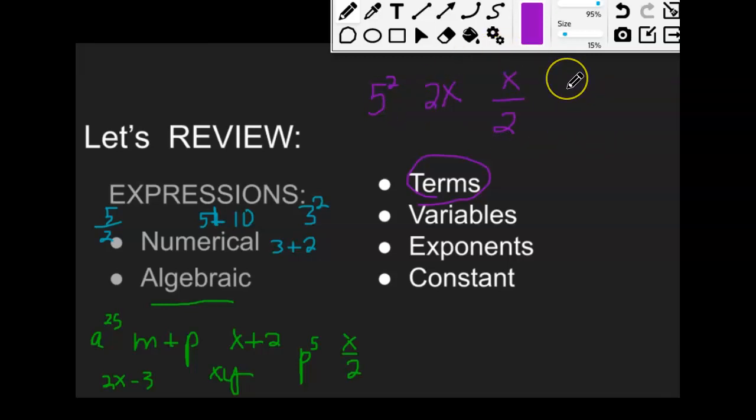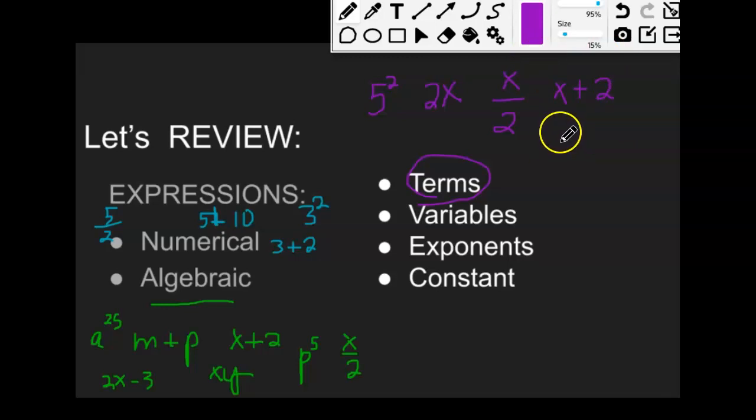Wait, so a term is just like one thing? Yeah. For example, 6 to the power 2 is a term. If I have x plus 2, these are two terms, x and 2.